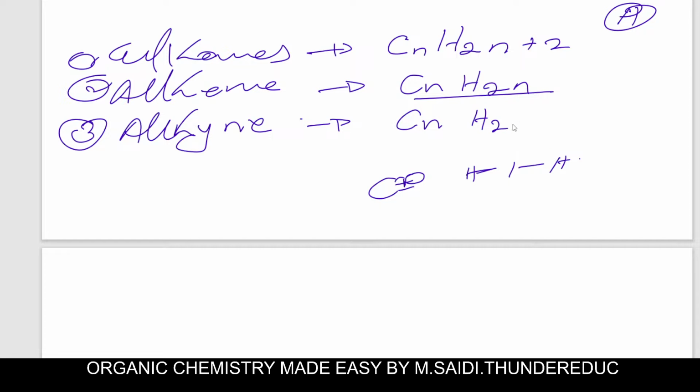Therefore, there are 4 hydrogen atoms which are short if you are comparing it with the alkanes. So that's why we subtract the 2. So basically, I have said that all organic molecules start with the general formula of this. In alkanes, we added 2 because of the 2 hydrogens which are added there, the 2 hydrogens which I've added here, because of the double bond on the 2 carbon atoms, then that is scooped out.